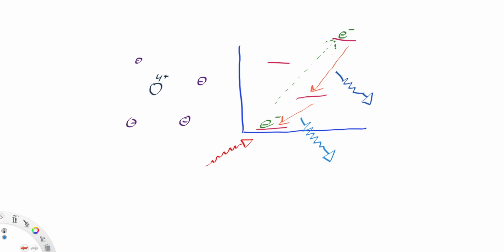Those lines are associated with transitions of the electron in the hydrogen atom from a higher state to a lower state. In this case, the second energy level is the final state, and the electron starts from a higher level and goes down to the second energy level to get the Balmer spectrum. That is an emission spectrum.